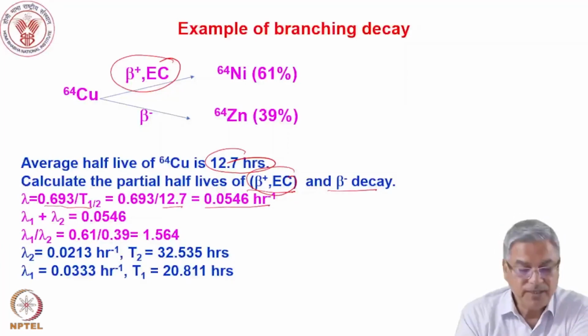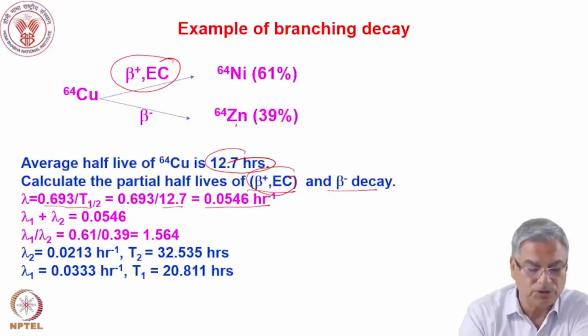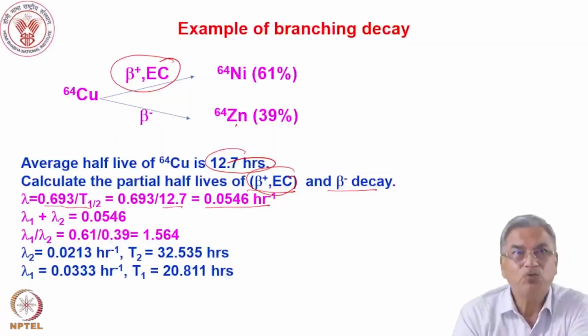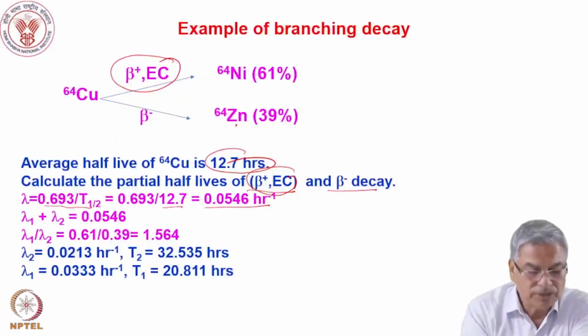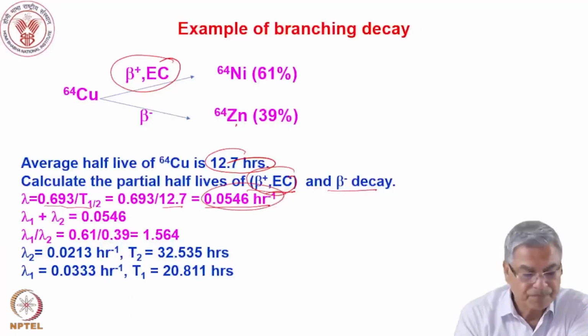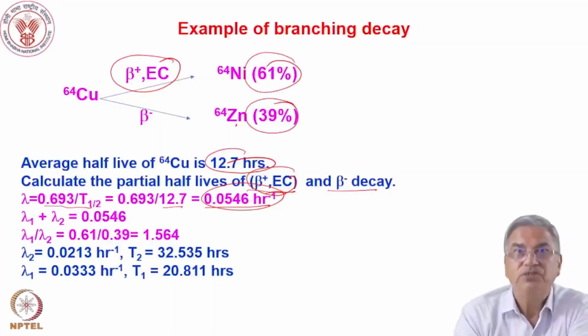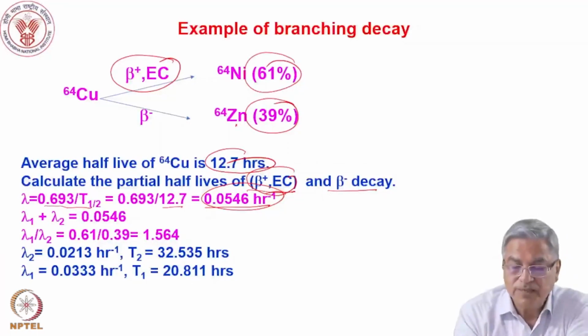Now how do we get the partial half-lives for decay into nickel 64 and zinc 64? We set up two equations. Lambda 1 plus lambda 2 is equal to 0.0546, that is the lambda, and lambda 1 by lambda 2. Here the branching intensities are given: 61% of the time nickel 64 is formed, 39% of the time zinc 64 is formed.